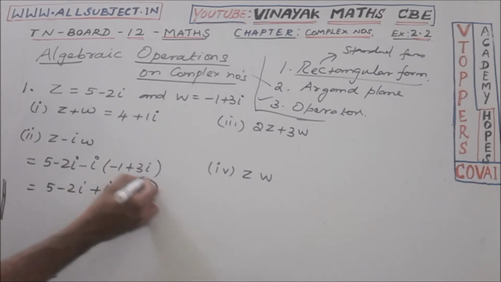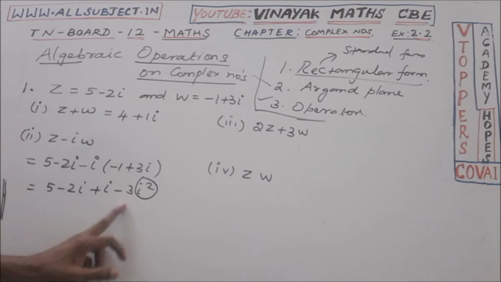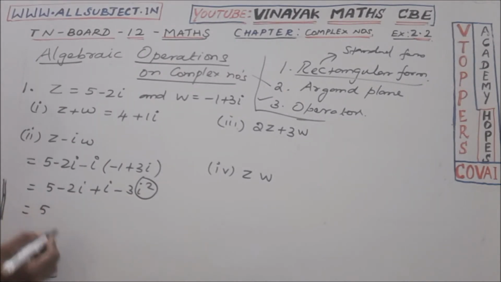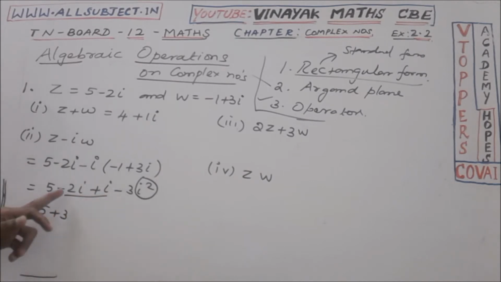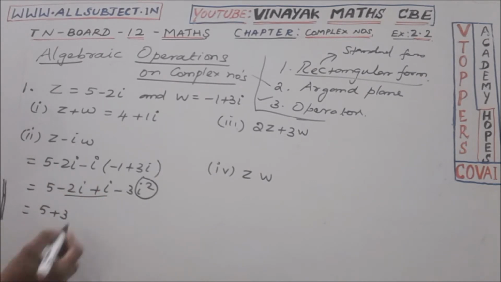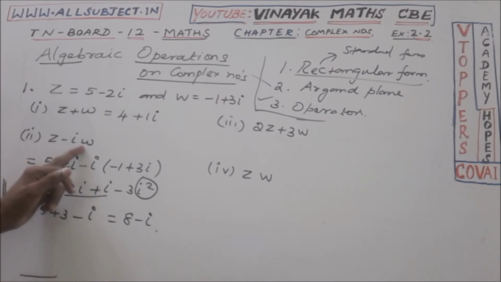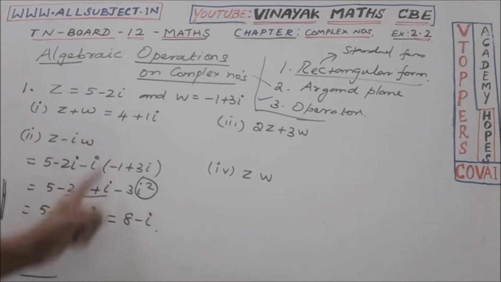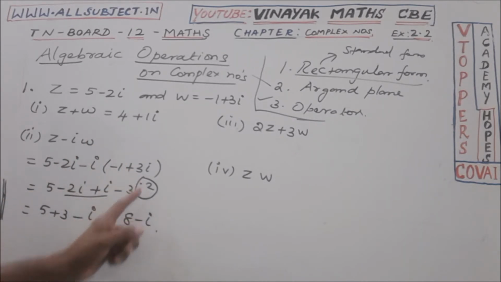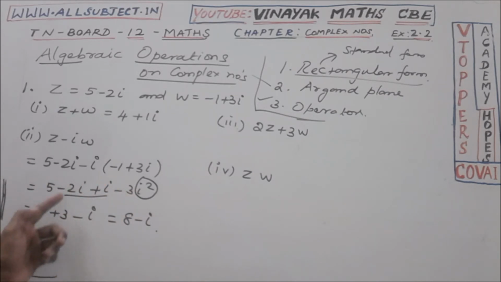That will turn as minus 1, so this is plus 3 here. So 5 plus 3 is added here. Then writing these two, -2i plus i is -i, which will be equal to 8 minus i. That's all. When we multiply -i inside, substituting i square equal to -1, this will be plus 3. So 5 plus 3, 8. Simplifying the remaining is -i.